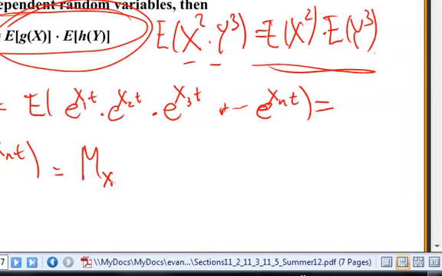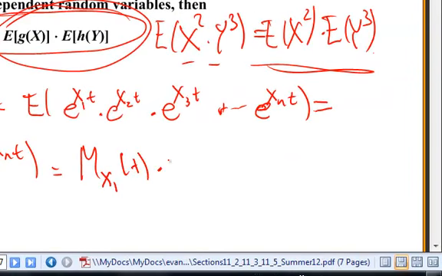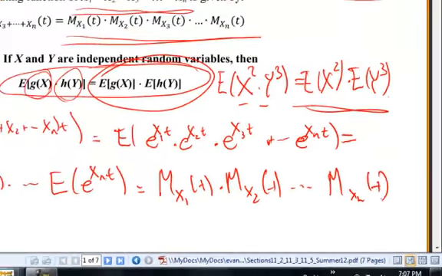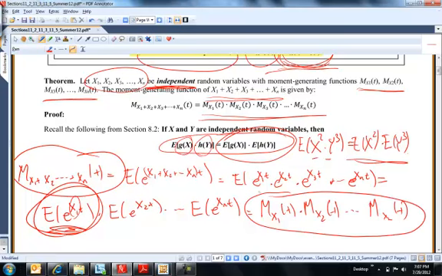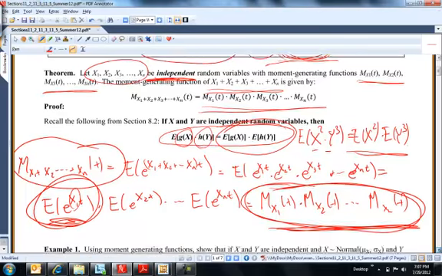So this is m x1 of t times m x2 of t all the way times m xn of t. So the moment generating function of the sum is the product of the moment generating functions. And then hopefully when we put this together, because every random variable has a unique moment generating function, we see this as a unique one, and we can go backwards and say what random variable that is.